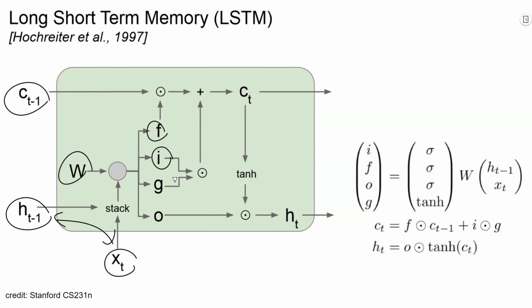And then new information updates the current cell state. The output gate determines how much to reveal the information in this cell to the hidden state. Okay, and we're going to use these hidden states to generate outputs.